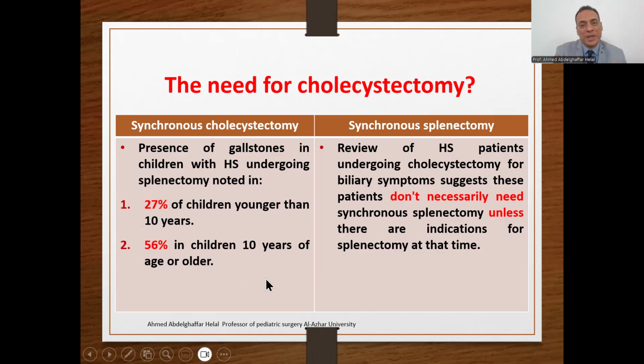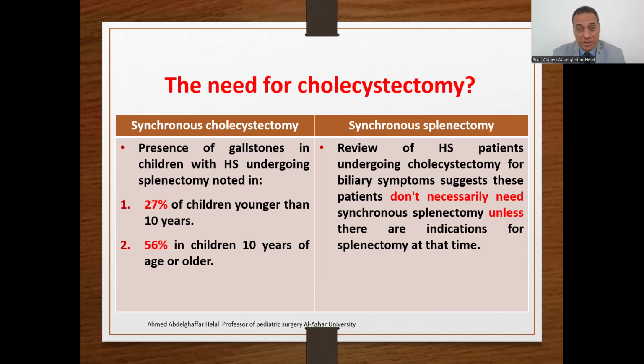So if you perform a splenectomy and the ultrasound confirms the presence of gallstones, you will remove the gallbladder at the same time. However, alternatively, a review of hereditary spherocytosis patients undergoing cholecystectomy for biliary symptoms suggested that these patients don't necessarily need synchronous splenectomy unless there are indications for splenectomy at that time.